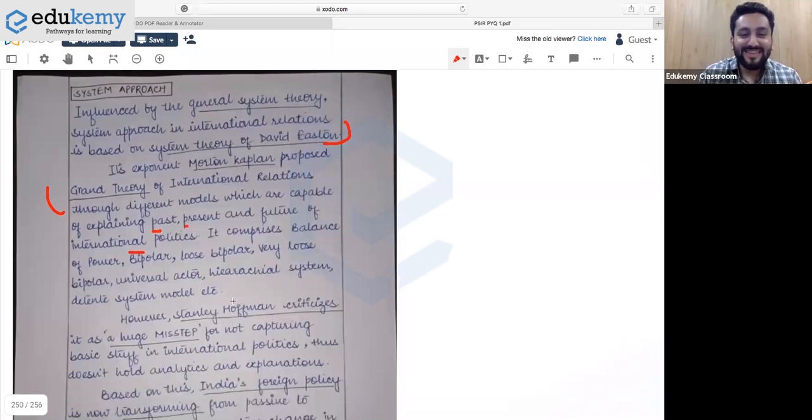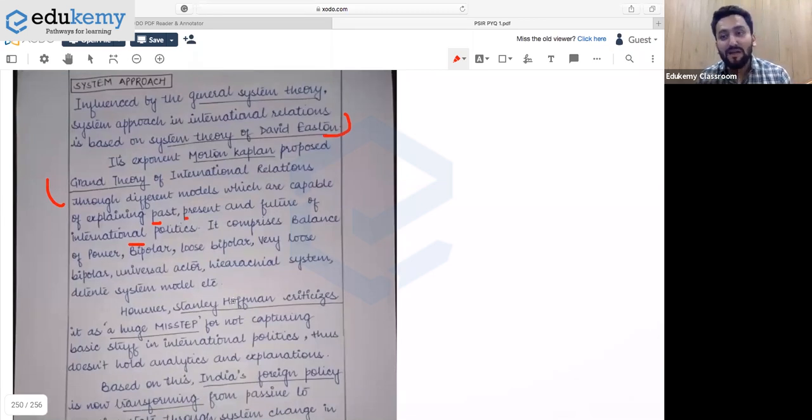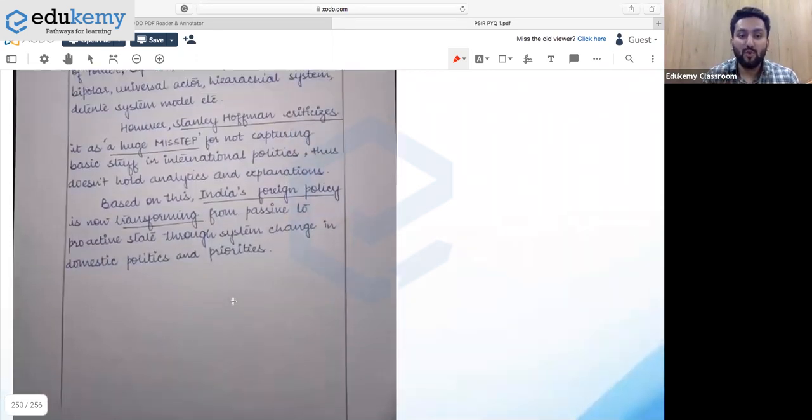It comprises balance of power, bipolar, loose bipolar, very loose bipolar, universal actor, hierarchical system, detente system model, etc. So he was telling that I have gone through the history of international politics. I've analyzed what is happening in the present, and on this basis, I am telling you certain concepts, and these concepts are going to tell you how this international system works. Okay, this is going to tell you how the future works.